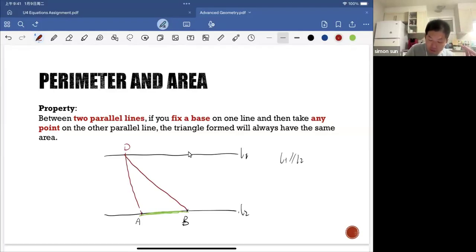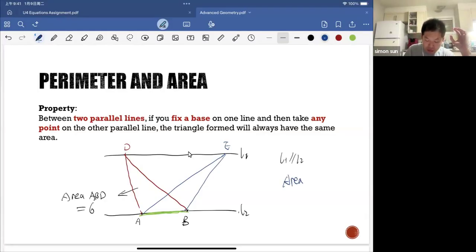And I'm telling you the area for ABD is, let's say, 6. Now, my question is, what about this one? Let's mark this point as E here. What about the area of triangle ABE? All the information we have right now is that the area of triangle ABD is 6.